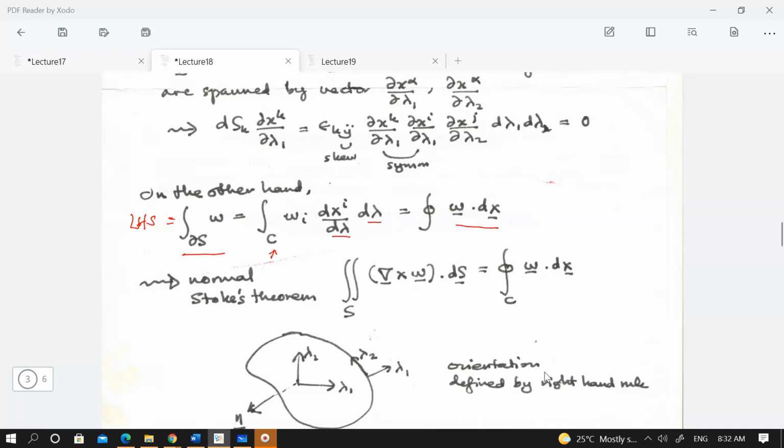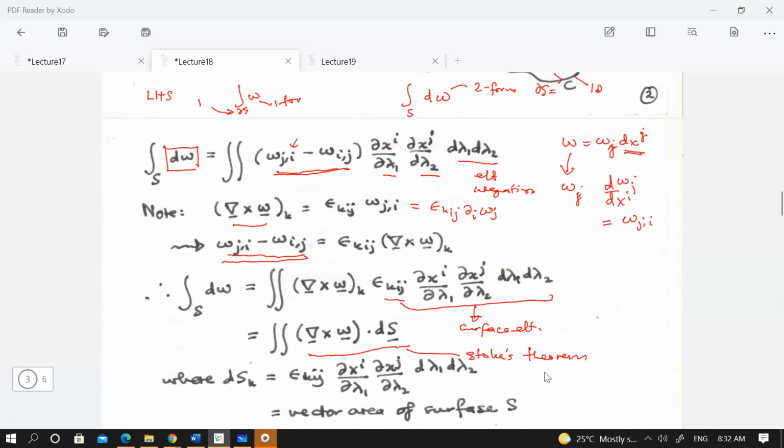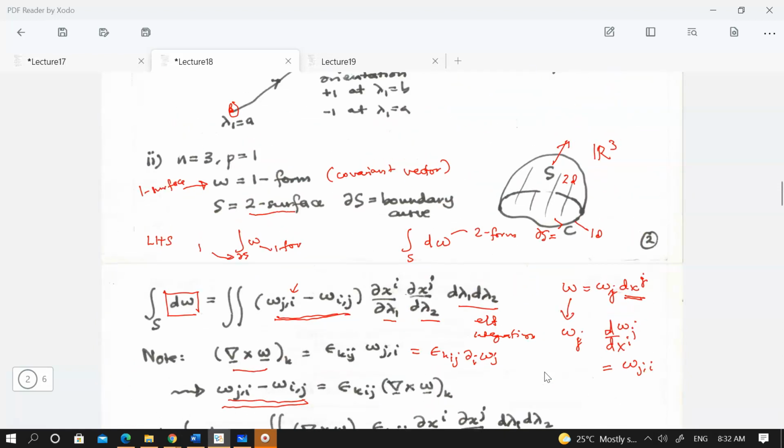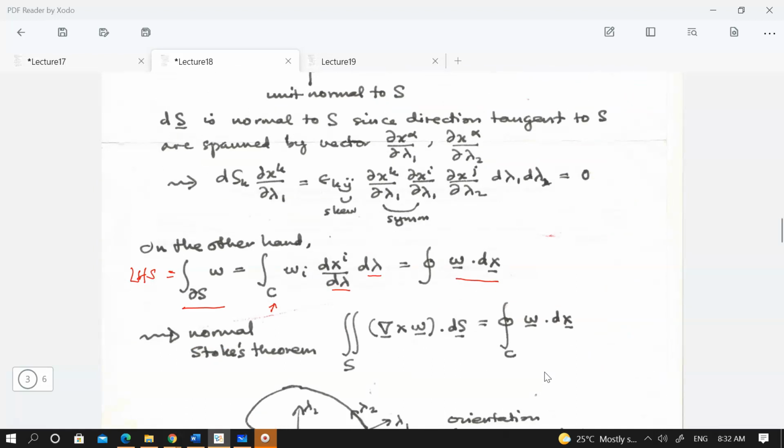In fact, the line integral has to be closed, because it bounds a surface. So this becomes an integral over the closed loop C. Applying the generalized Stokes theorem will give you essentially your ordinary Stokes theorem.